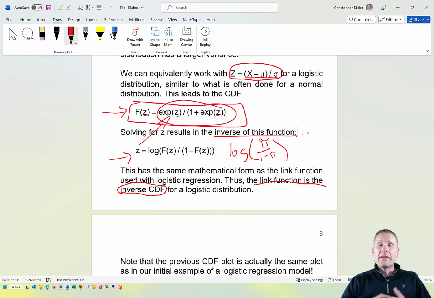Now note, and let me emphasize this, this does not mean that I assume my data has some kind of logistic probability distribution to it when I do logistic regression. Rather, all we are doing is using the same mathematical form as the inverse CDF of a logistic probability distribution. That's all. Why do we use that mathematical form? Because we know that a CDF has to always be between 0 and 1, because CDFs accumulate probabilities.